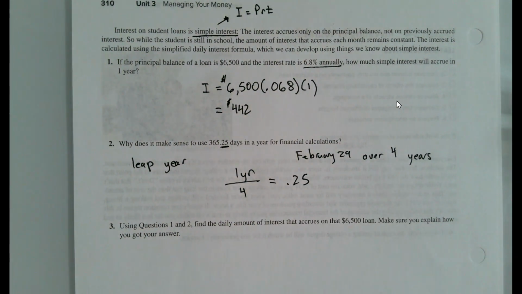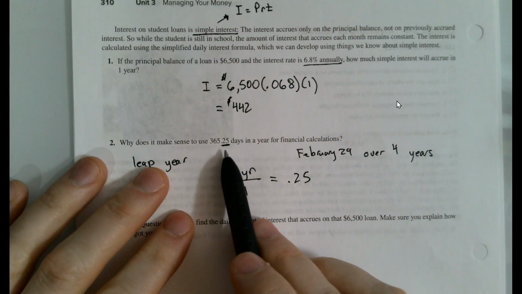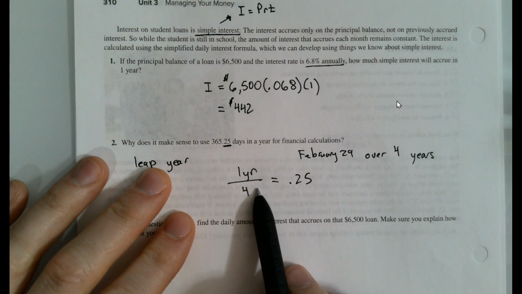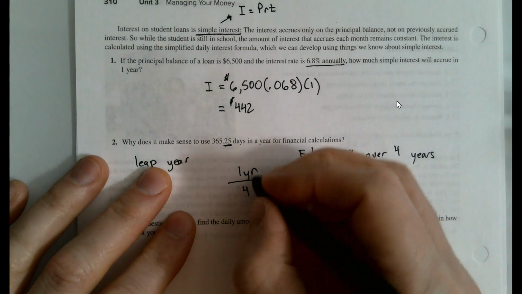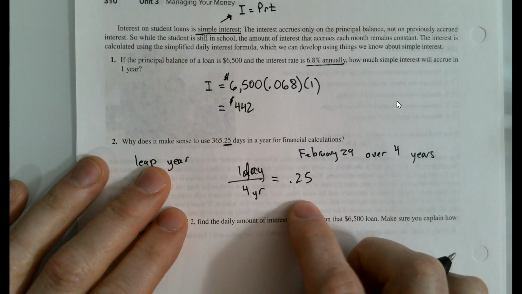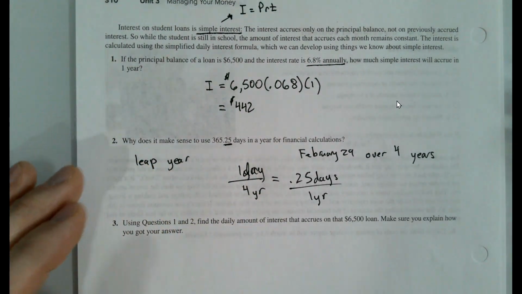So every 4th year there's an extra day. I don't know that I have the units here correctly labeled, but that's the point. If we spread that extra day over the 4 years, I think maybe I should put 1 day per 4 years like this. There's 0.25 days per 1 year extra.